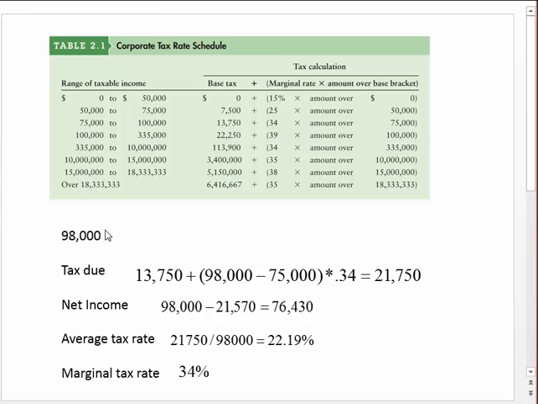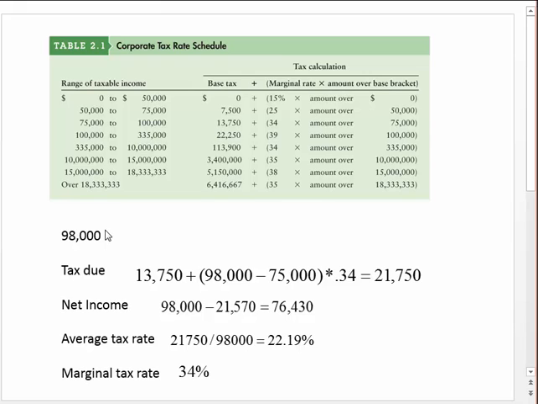What tax rate would you have to pay on that next $2,000? Well, some people would say, I've been paying roughly 22% on every dollar that I make, so I should roughly pay 22% of that next $2,000.